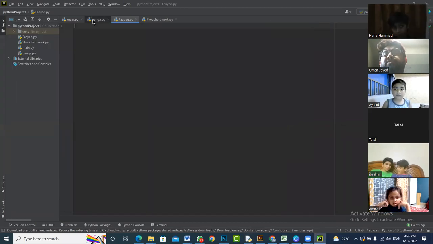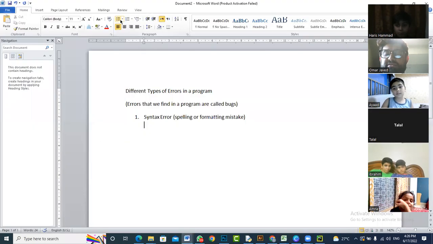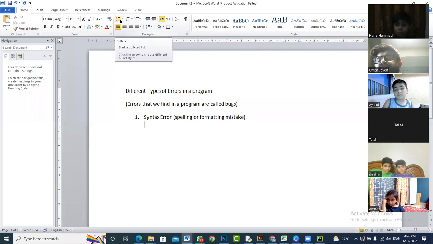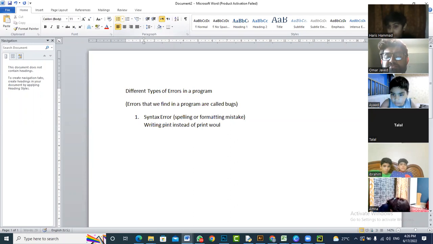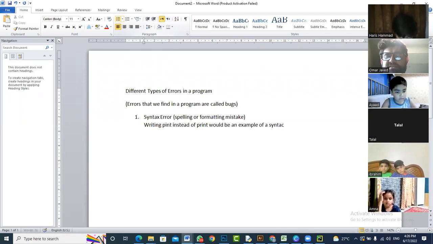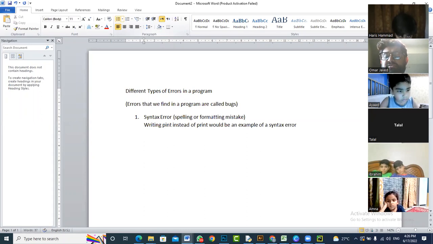So let's say that you were working on a program, and now I have to tell you about what a runtime error is. Okay, so syntax error was spelling or formatting mistakes. For example, writing prnt instead of print would be an example of a syntax error.